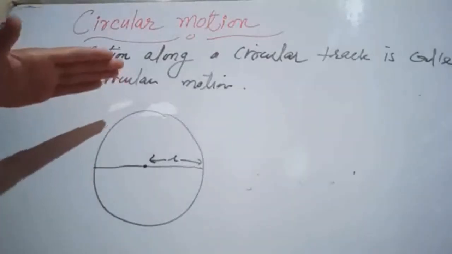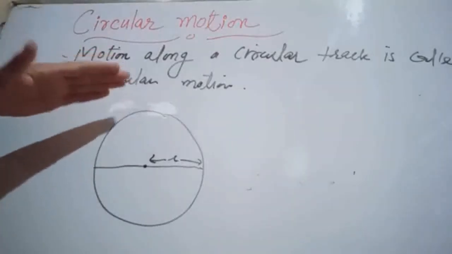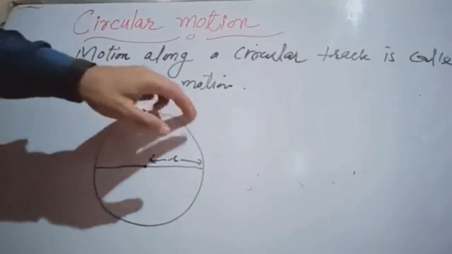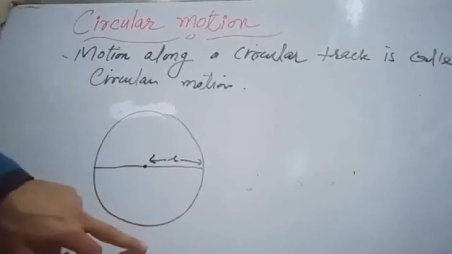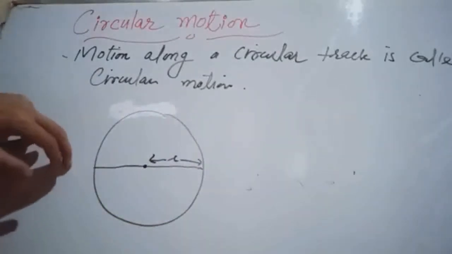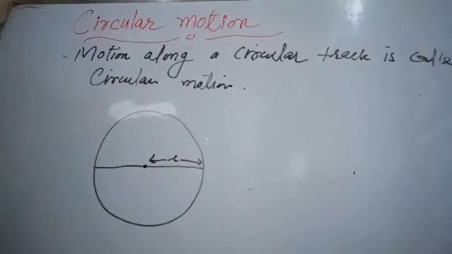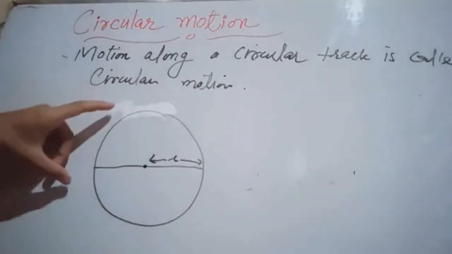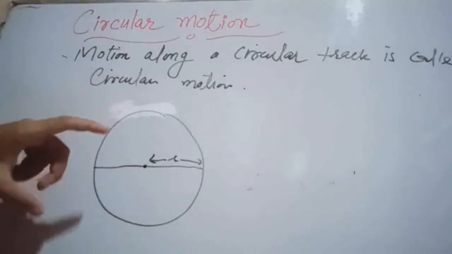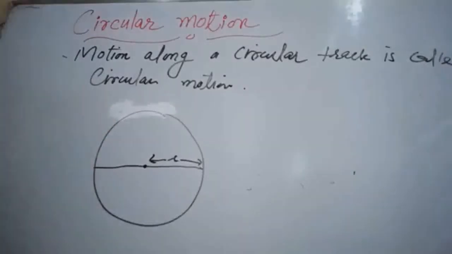How is this possible? We have studied that if the body has uniform speed, it will not be accelerated motion, but that is the case of one-dimensional motion.